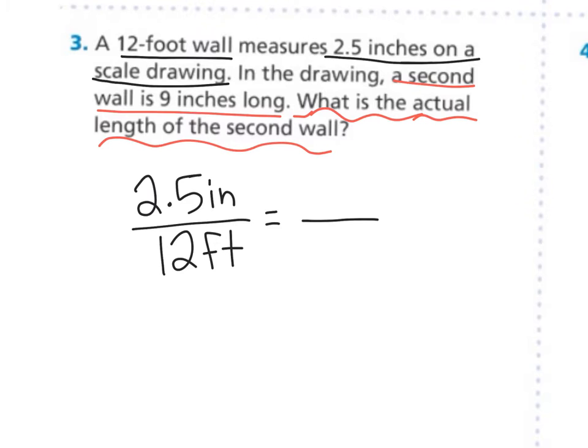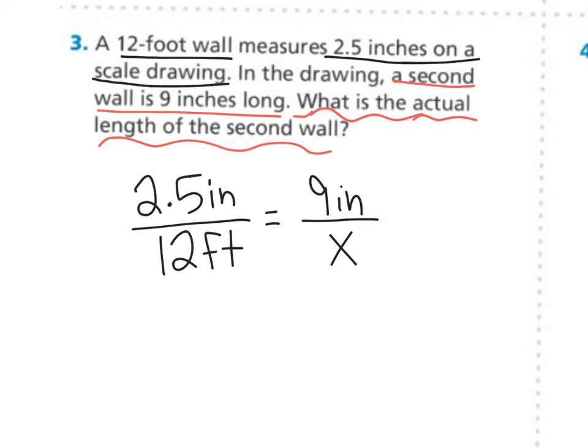So this one, 2.5 inches over 12 feet, that's for our first wall. For the second wall, we know the 9 inches on the model, but we don't know the actual length. So you want to put an X there, or a different letter, that's fine. This proportion will allow us to figure out what that actual length is.